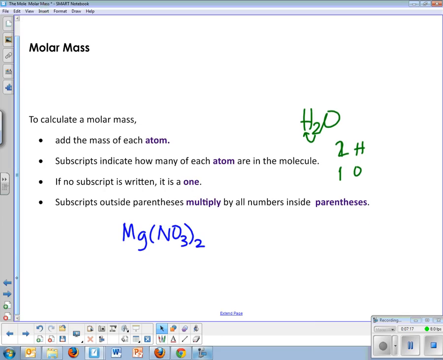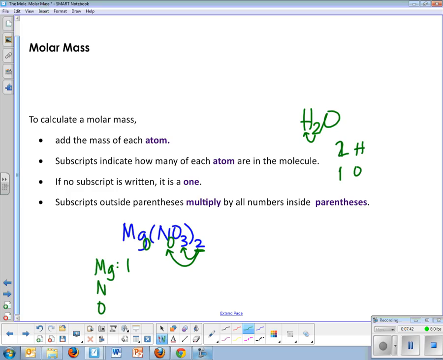So in this molecule, I have magnesium, nitrogen, and oxygen. Magnesium, there's no number written after it, so there's only 1 magnesium. Nitrogen, there isn't a number written after it in here, so there's 1 nitrogen in the parentheses, but I have to multiply by 2. This applies to everything inside the parentheses.